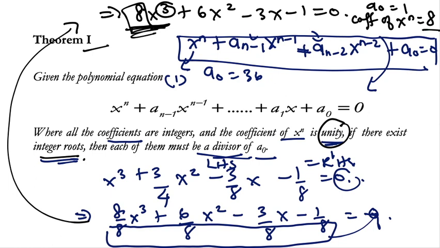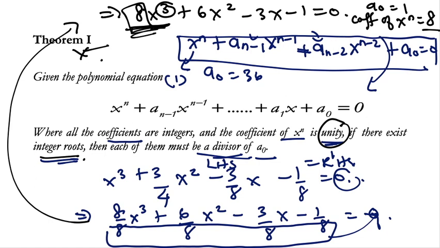It is 8. It's not unity. Then it's impossible to find roots using theorem number 1. Then we have to resort to a different type of theorem. Let's call it theorem number 2.